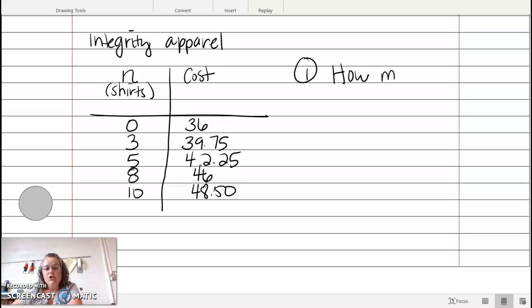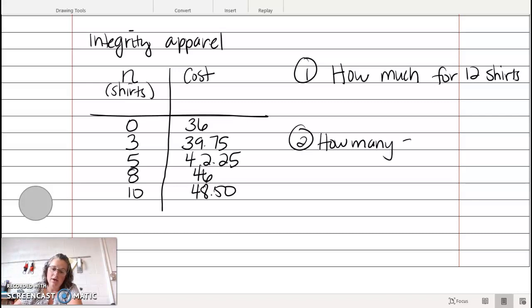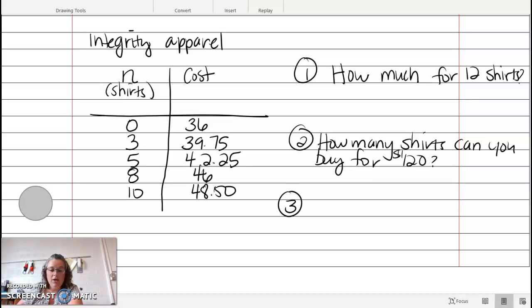So, how much for 12 shirts? Question number 2, how many shirts can you buy for, let's say, $120? Third question, is the point (25, 67.25) a solution?